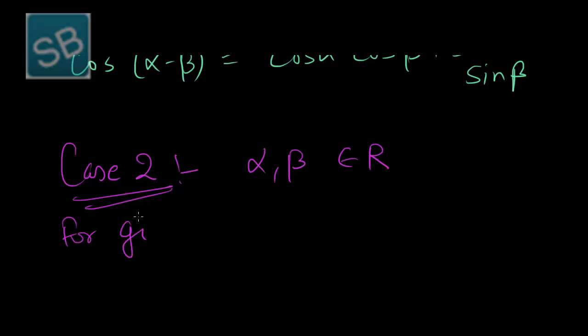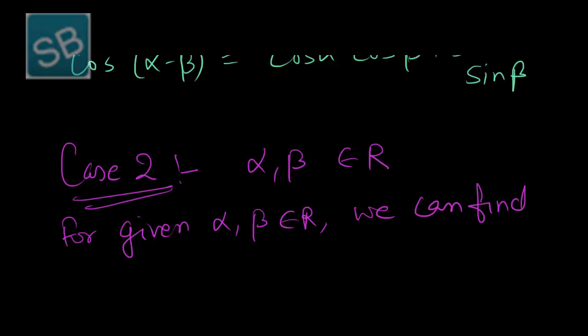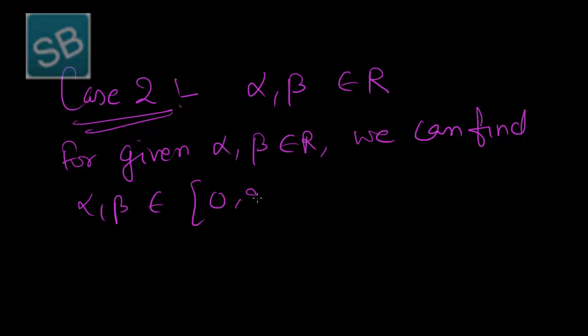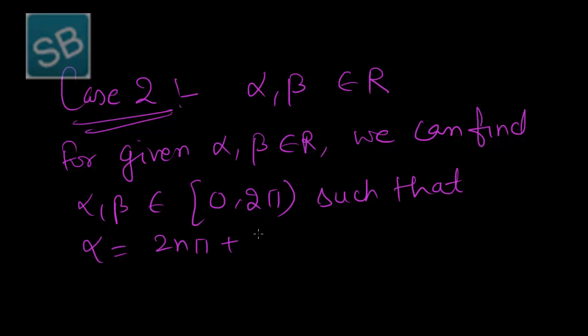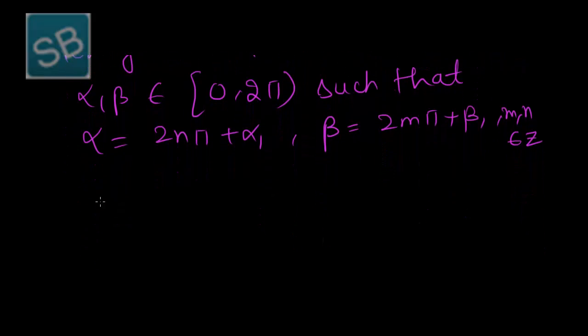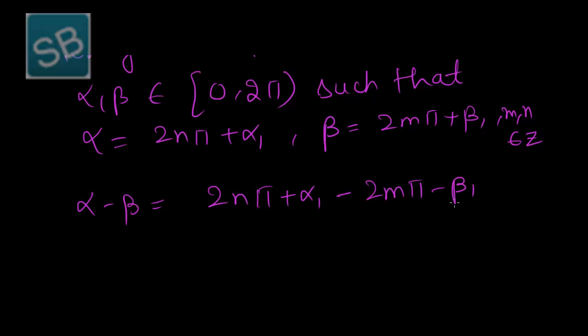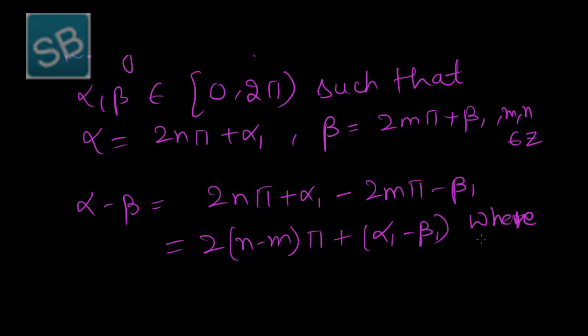So for given alpha and beta belonging to real numbers, we can find alpha 1, beta 1 belonging to 0 to 2 pi such that alpha is equal to 2n pi plus alpha 1 and beta is equal to 2m pi plus beta 1 for every m, n belonging to Z. Now alpha minus beta is equal to 2n pi plus alpha 1 minus 2m pi minus beta 1, that gives 2 times (n minus m) pi plus alpha 1 minus beta 1, whereas m and n are integers, therefore n minus m also belongs to Z.